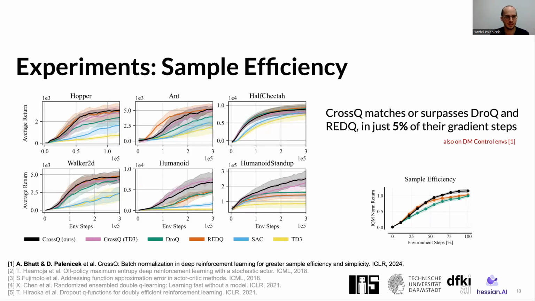And okay, here on this slide you see the sample efficiency. I've hinted at this in the very first slide already with this aggregated curve. Here you see it in a per-environment setting. And we can see that, again, CrossQ either matches or surpasses the current state of the art, which is DroQ or REDQ, and that with only 5% of the gradient steps, because we don't have the high UTDs.